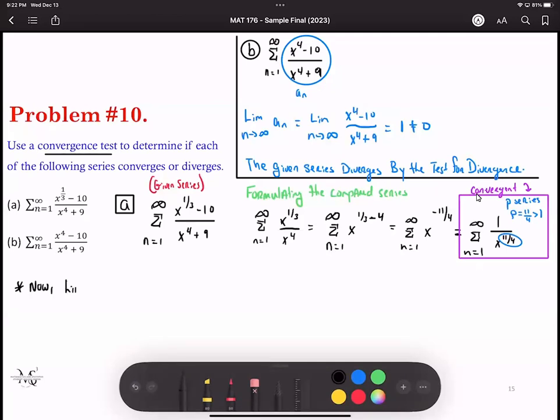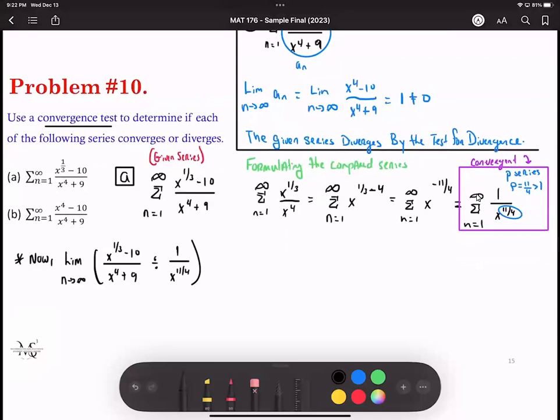Okay, so now we're going to take the limit as n approaches infinity of the given series divided by the compared series. So this is the way I'm going to write it. We'll say x to the power of 1/3 minus 10 over x to the power of 4 plus 9 divided by 1 over x to the 11 over 3. Now, instead of dividing by the compared series, we can multiply by the reciprocal, right?